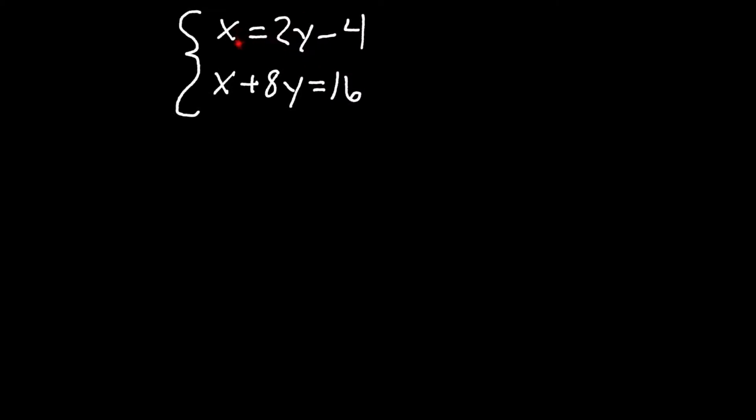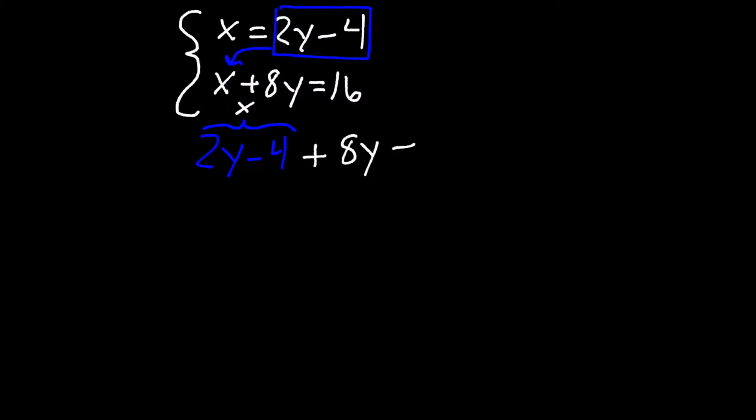So since we've already solved for x, I can take this 2y minus 4 and substitute it into the x in the other equation, which means I will have 2y minus 4, and this is all just the original x, plus 8y equals 16.